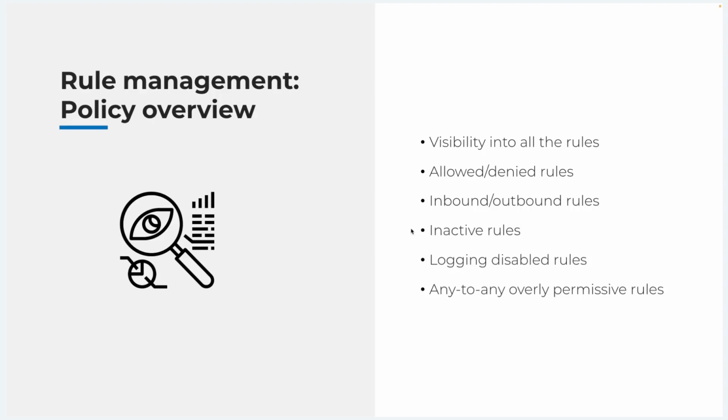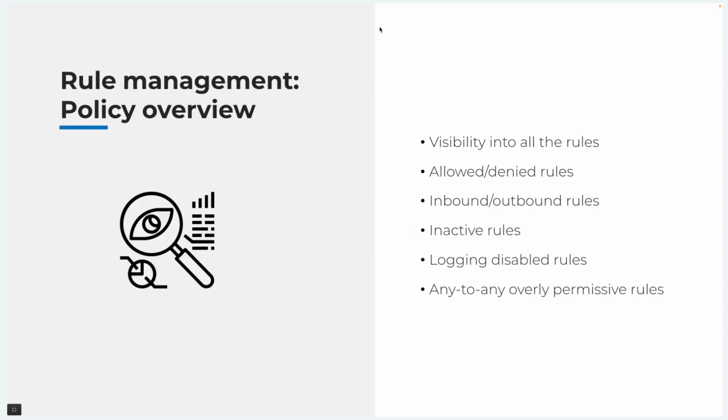Because of this, there are a lot of anomalous rules and also overly permissive rules which affect the performance of the firewall. With Firewall Analyzer, you can now rectify the anomalies present in your firewall policies, reduce the overly permissive rules, and also fine-tune your existing ruleset.